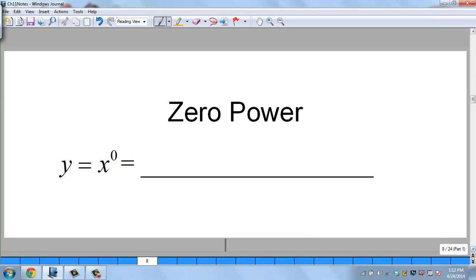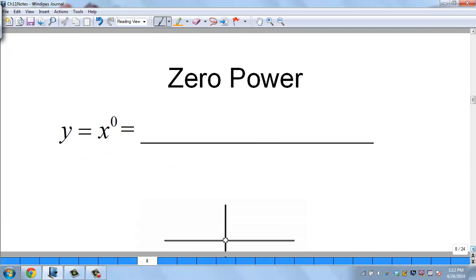Now, 0 power, notice I didn't put 0 power in everything. x to the 0 is 1, but basically it's a discontinuous graph. Even though you don't really see it when you graph it, you have to really zoom in, and it might still not show on your calculator, because if I put a 0 in for x, 0 to the 0 does not exist.